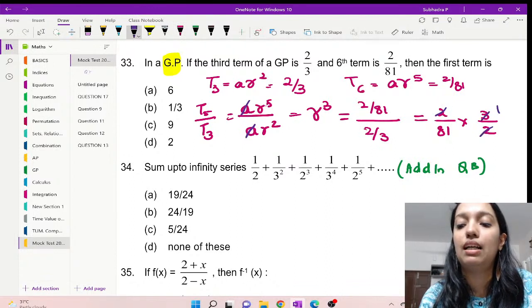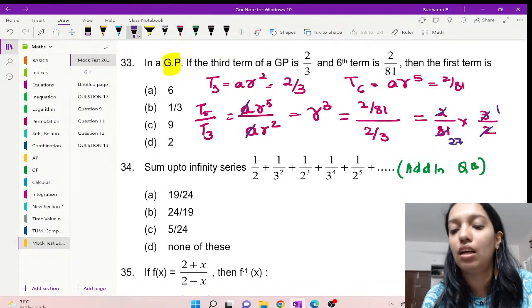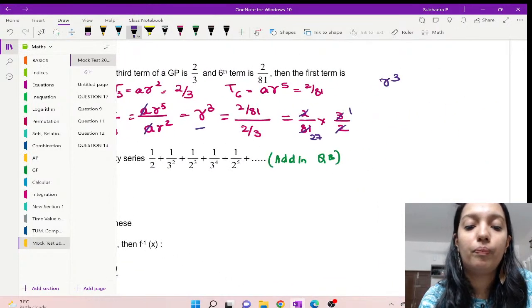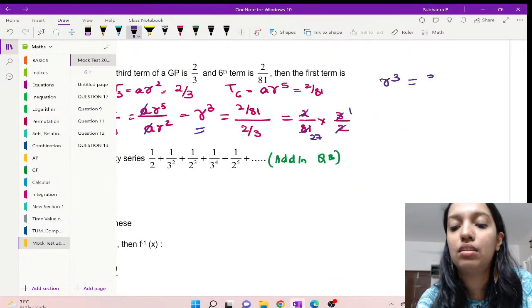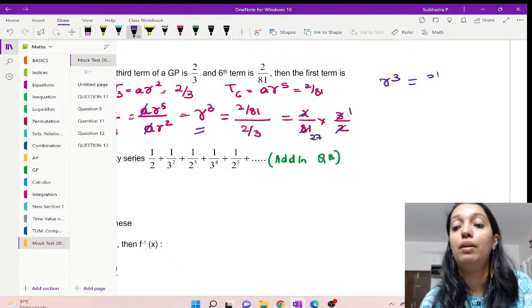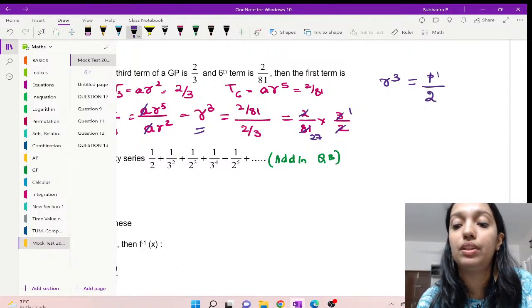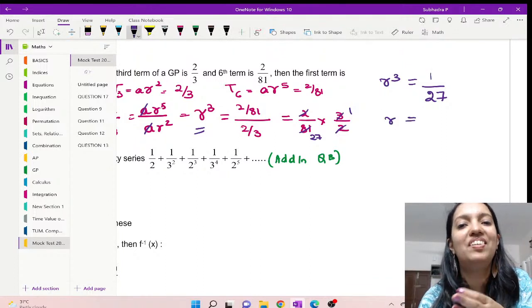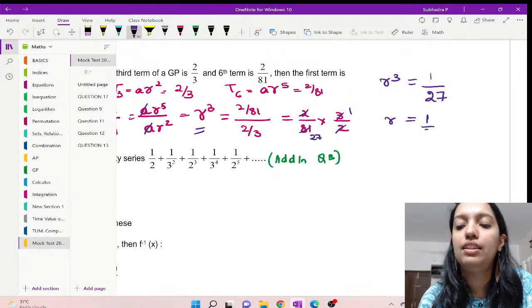Yes. 3 ones are 3, 27s are 81. So I got R cube value as 1 by 27. R cube value is 1 by 27. So what is the R value? We all know 27 is 3 cube. So R is 1 by 3.